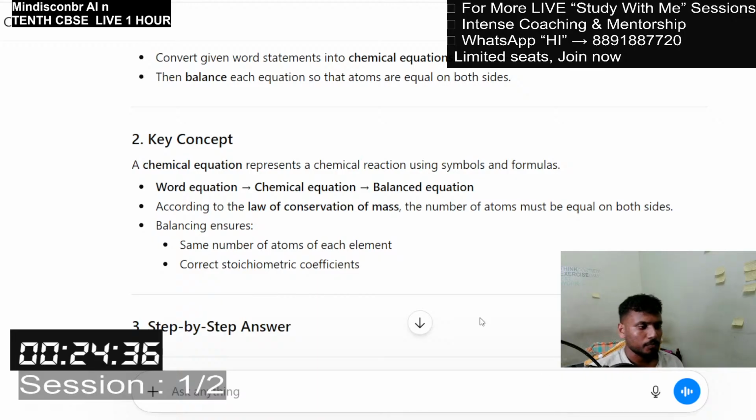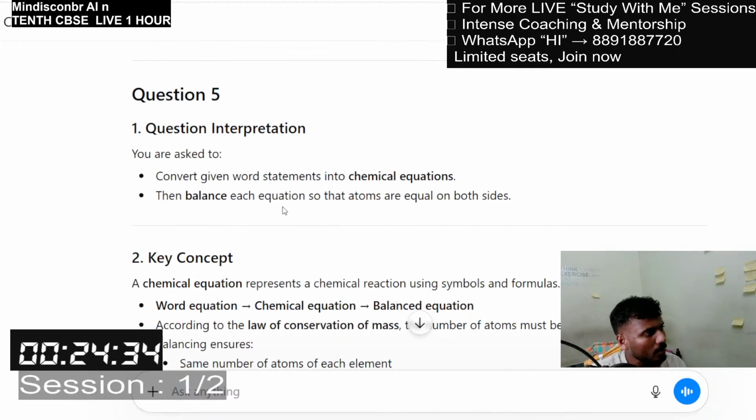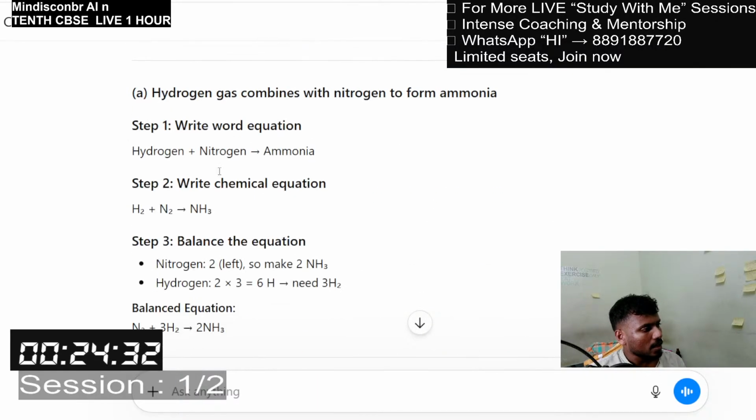Okay, now we can see that hydrogen plus nitrogen gives ammonia, H2 plus N2 gives NH3. Now we need to balance the equation. Nitrogen is 2 on the left, so make 2 NH3.